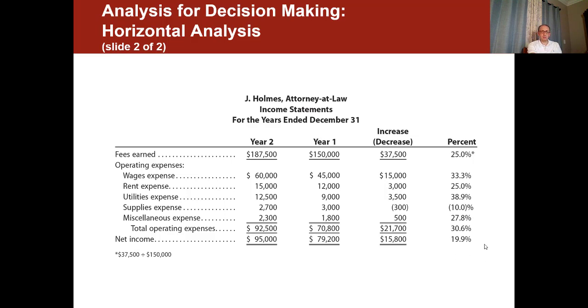The bottom line net income, even though our revenue increased by 25%, only increased by 19.9% because our total operating expenses increased by 30.6%. So the expenses increased relatively higher compared to the revenue, and that led to a lower percentage increase in net income than in fees earned.